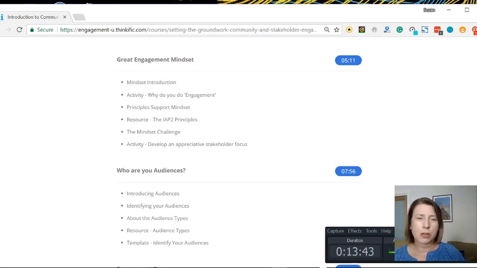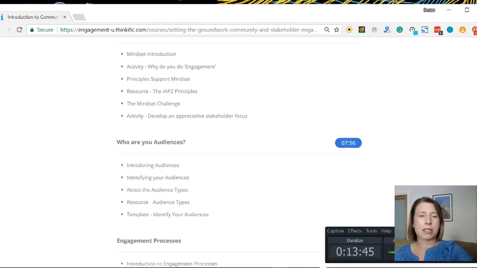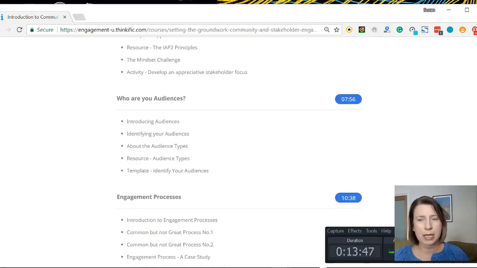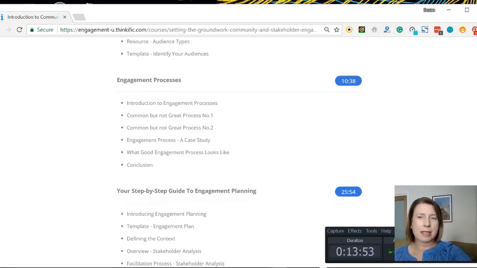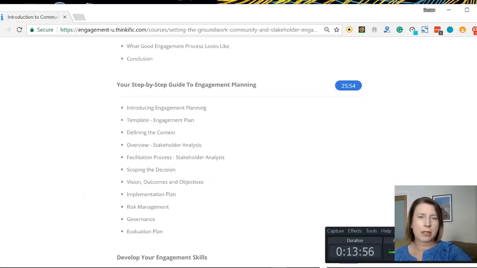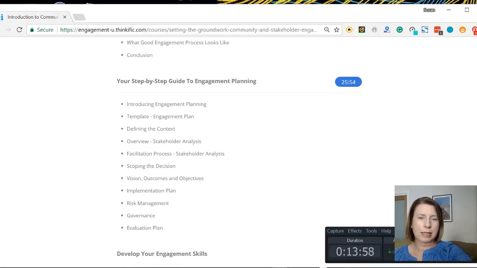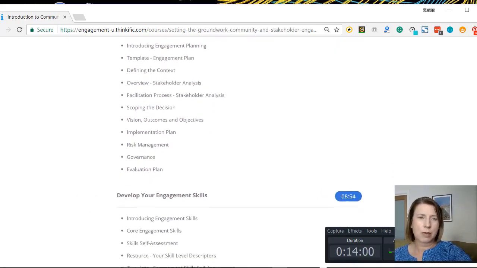This is an area about your audiences next, and identifying who your audience types are, so whether they're government audiences, etc. And then a look at engagement processes, and this is the area about engagement planning. You can see we spend quite a bit of time in there, and there are several worksheets.